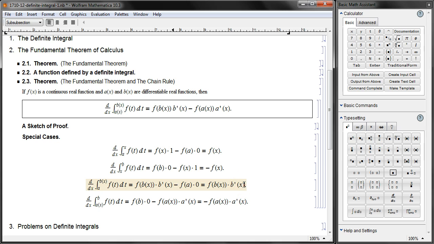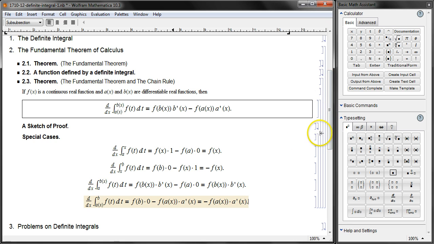Further applications, if one of them is constant, that part just drops out. Here, the bottom part is constant, so we have f of a, but the derivative of that constant is 0, so that part drops out. In this case, the top is a constant, so plug in, but the derivative is 0, so that part drops out, and then we have this result there.